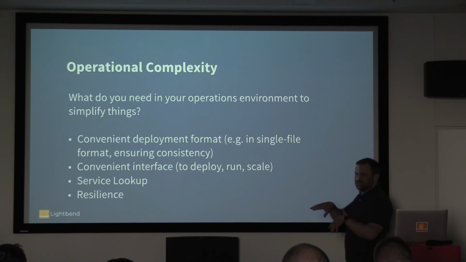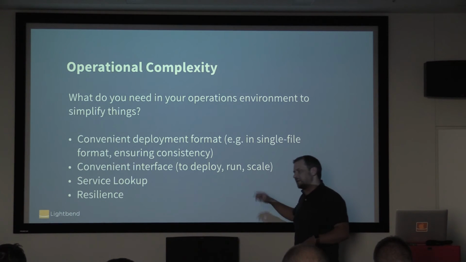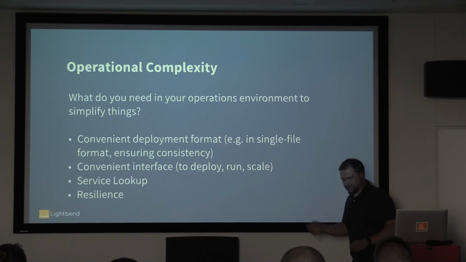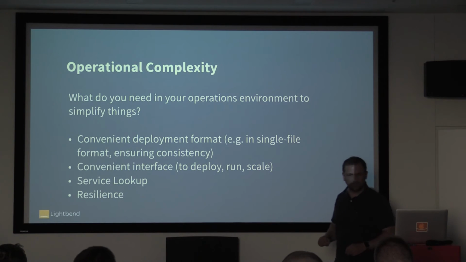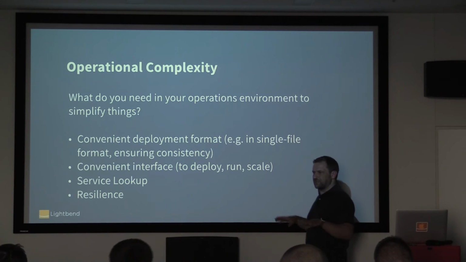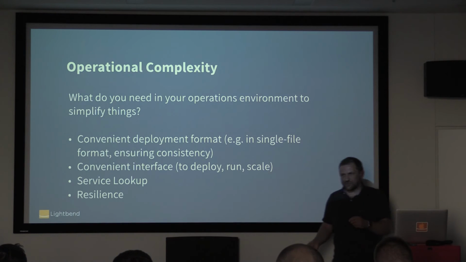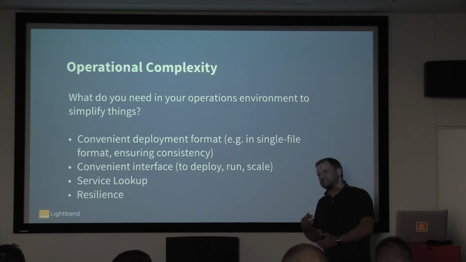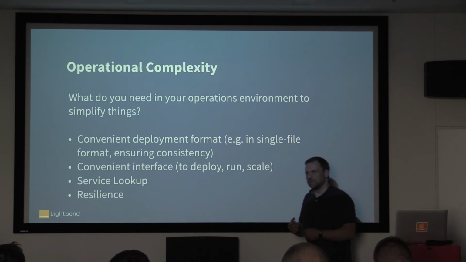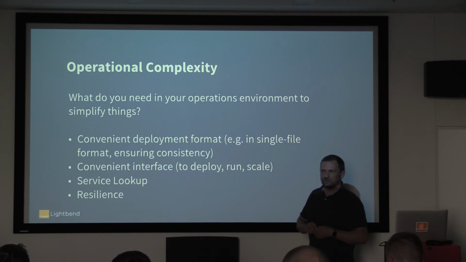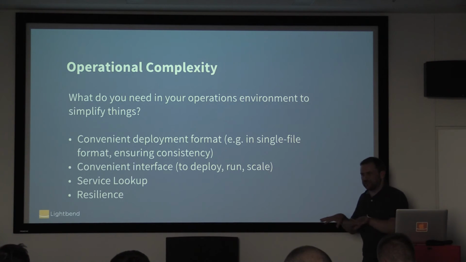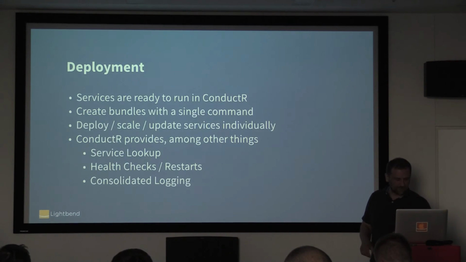So you want some location transparency, but you also need to find other services, so it has to provide service lookup. You also want some support for resilience: if something crashes somewhere, there's at least basic support by the tooling that will possibly restart it somewhere else, or make sure that the configured number of instances is kept.